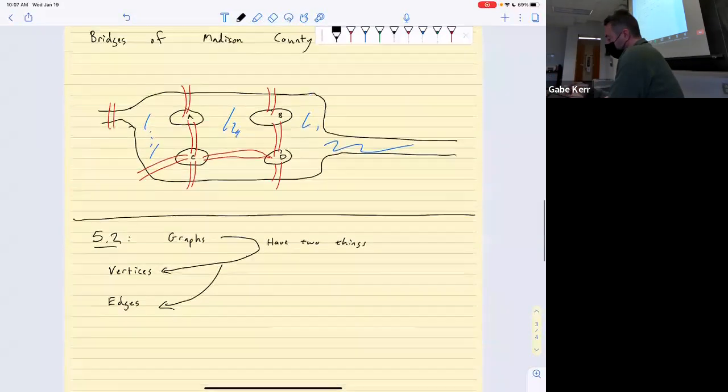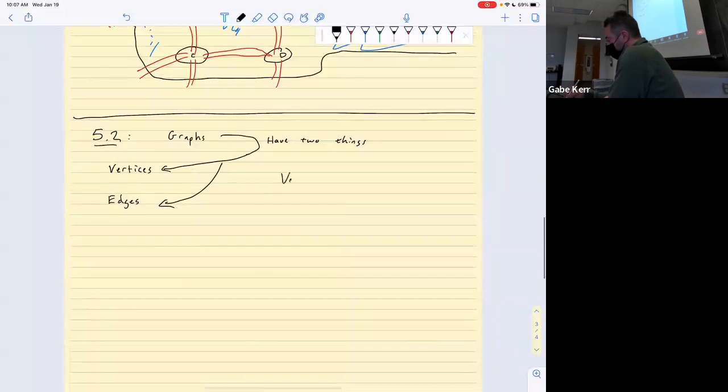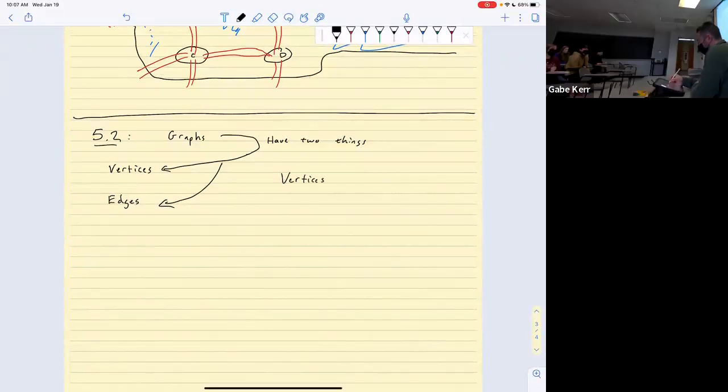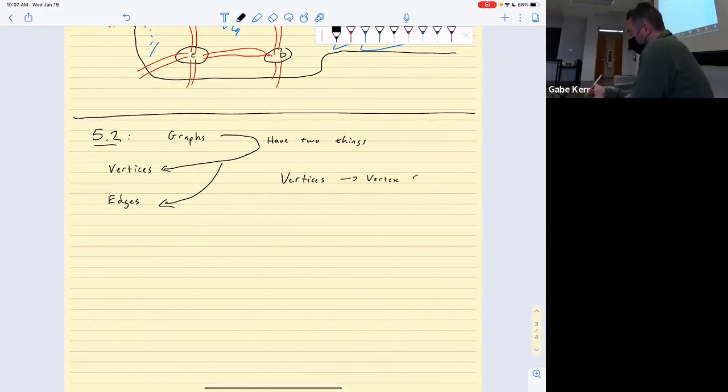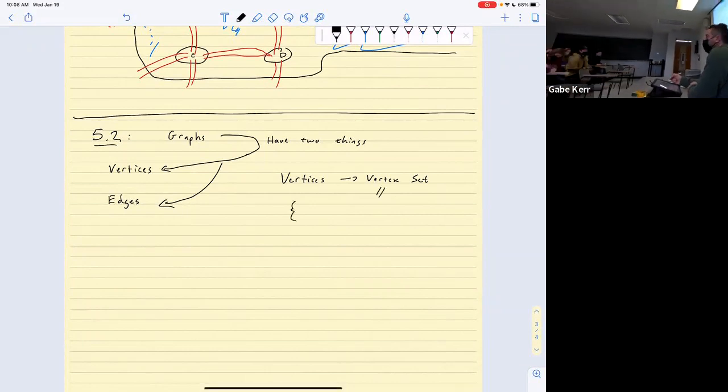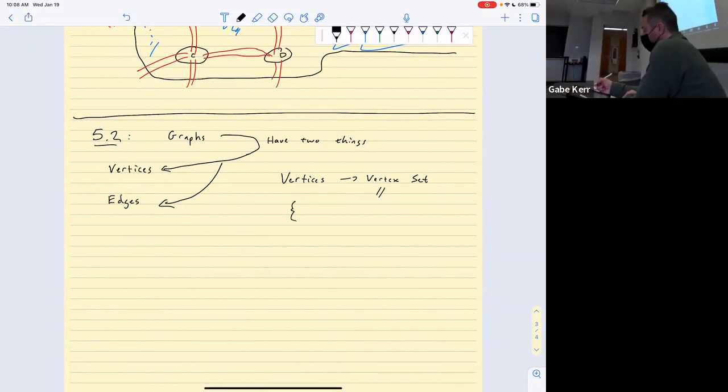So our vertices we're going to identify with a vertex set. And for that, I want a little notation. It's going to equal, I'm going to put curly brackets for sets. Curly brackets for sets.